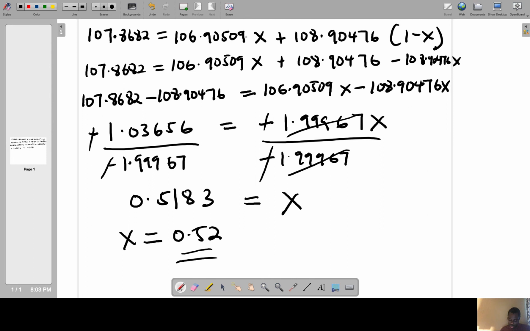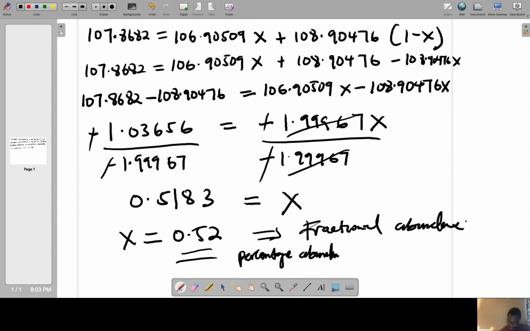To get a percentage abundance, we just multiply 0.52 by 100%, and when we do that, we're going to get 52%. So the percentage abundance for isotope 1 is 52%.